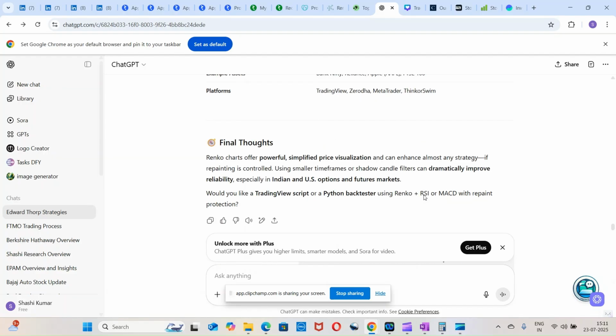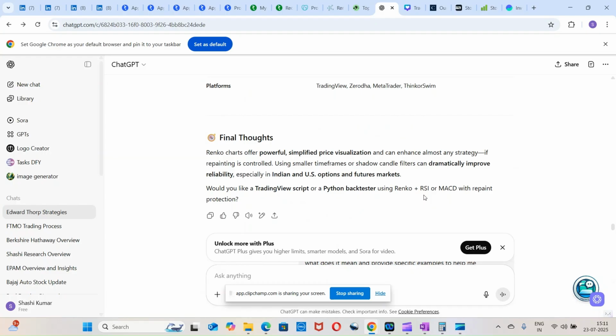Renko charts are there. So final thoughts are: Renko charts are powerful, simplified price visualization charts, and they can enhance almost any strategy if repainting is controlled. Using smaller time frames, it is the best tool to do trend following trading and identify trend with less noise.